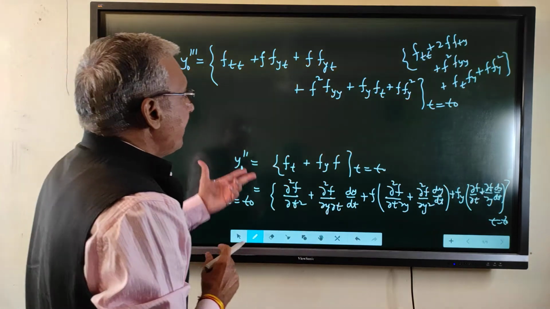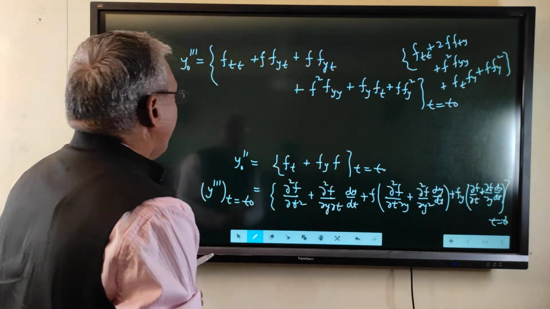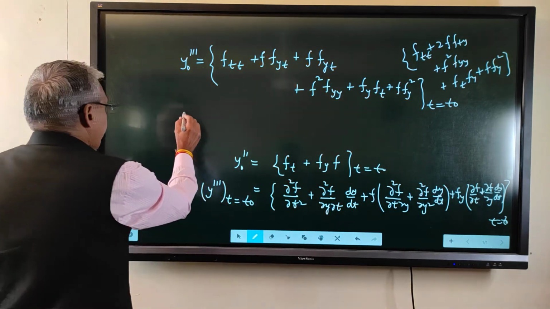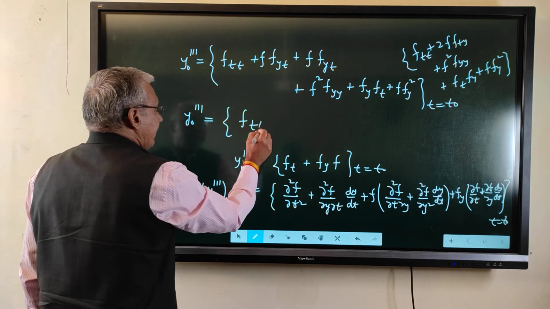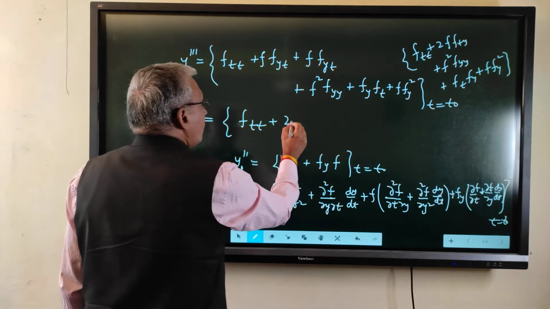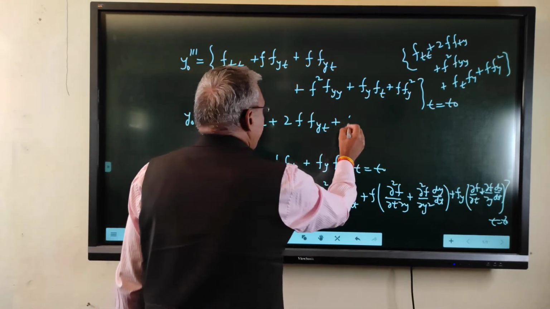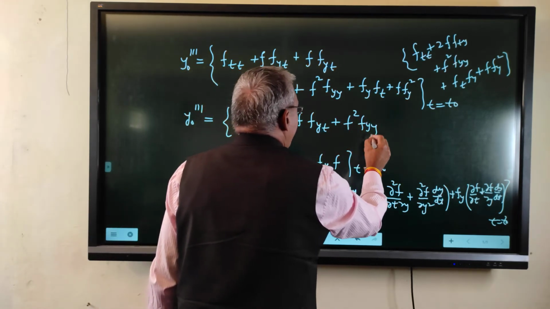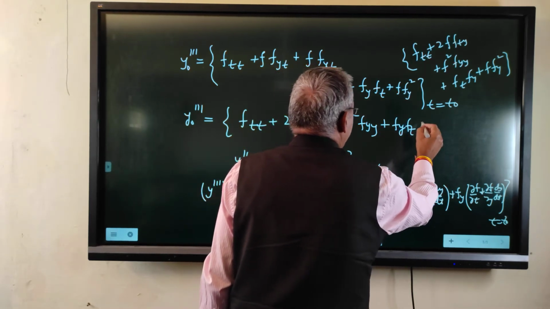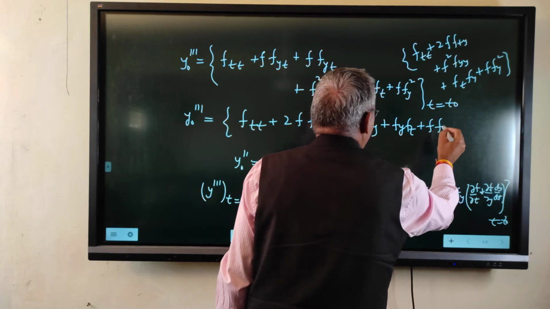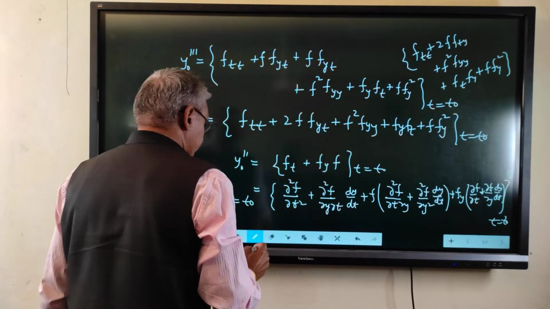So the final expression at the stage of the third derivative is ftt + 2f fyt + f² fyy + fy ft + f fy² at t = t0.